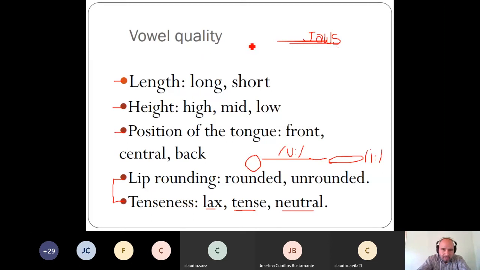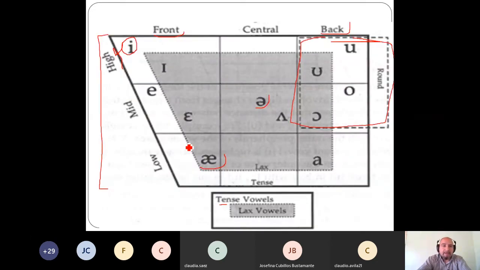But next class, we're going to be using length, height, position of the tongue, lip rounding, and tenseness to describe the vowel sounds in English.